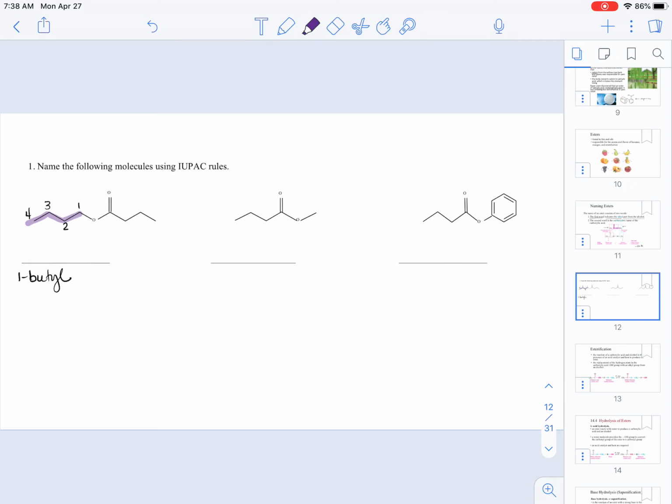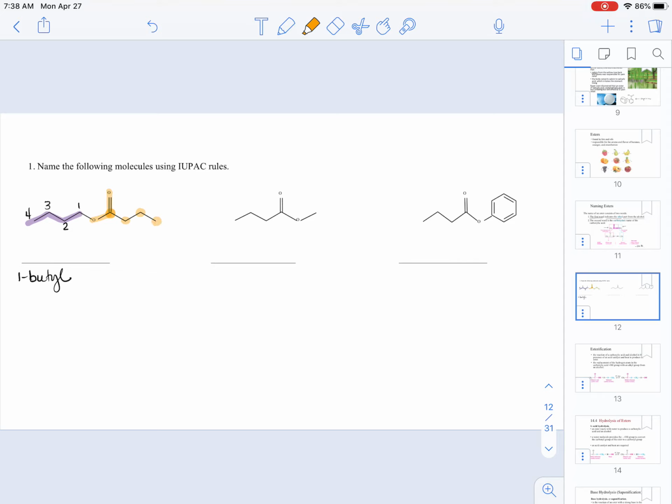Then we are going to count the carbon in the carboxylate as carbon 1. This is carbon 1, carbon 2, carbon 3, carbon 4.